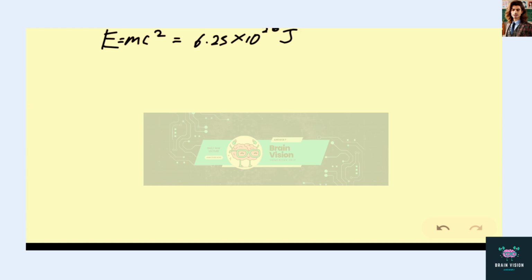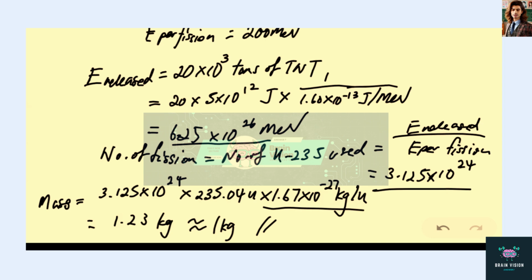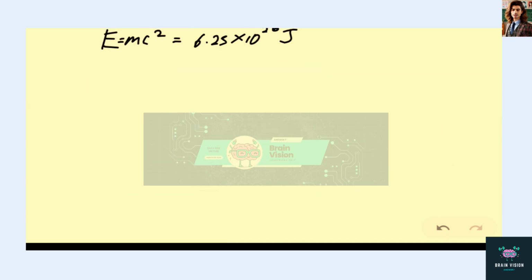Sorry, that was in MeV, but we want it in terms of joules, SI units, right? That will be easier to calculate, which is over here. I'm just going to use in terms of joules, so that's 20 times 5 times 10 to the power 14 joules.